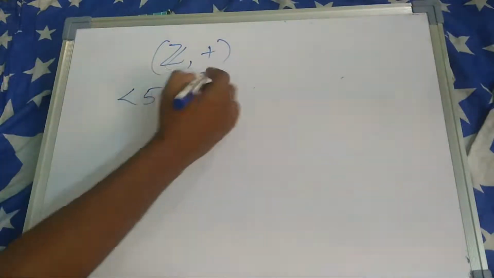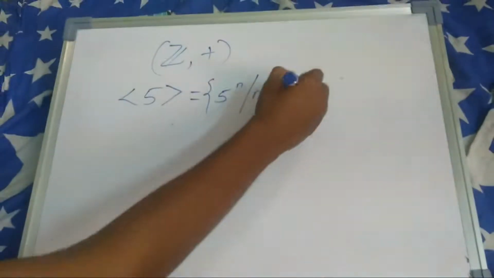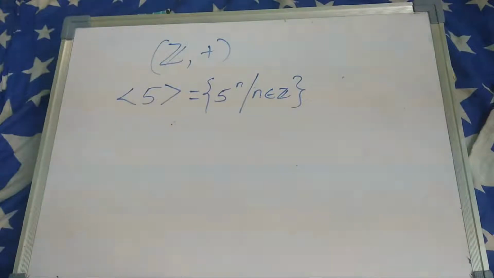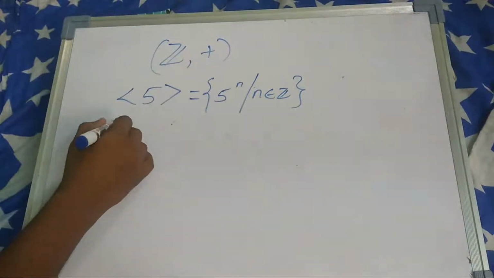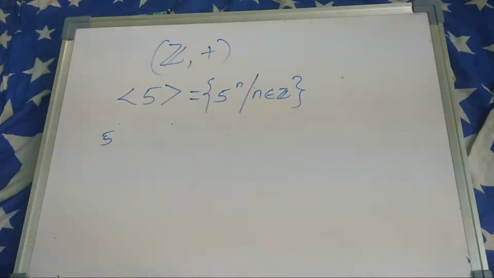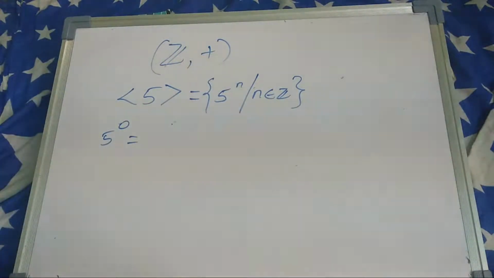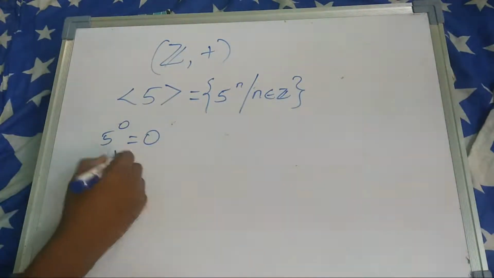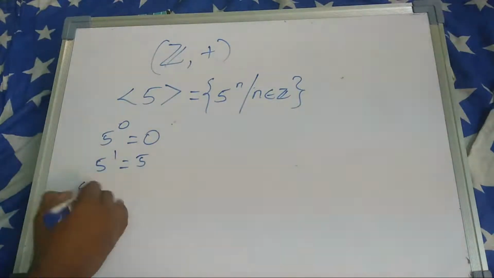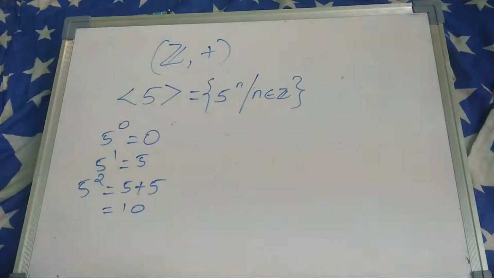The subgroup generated by 5 is defined to be 5 power n, where n belongs to Z. Let us list out all the elements in this set. 5 power 0 would be the identity element of this group, which is nothing but 0. 5 power 1 would be 5. 5 power 2 would be 5 plus 5, which is 10.